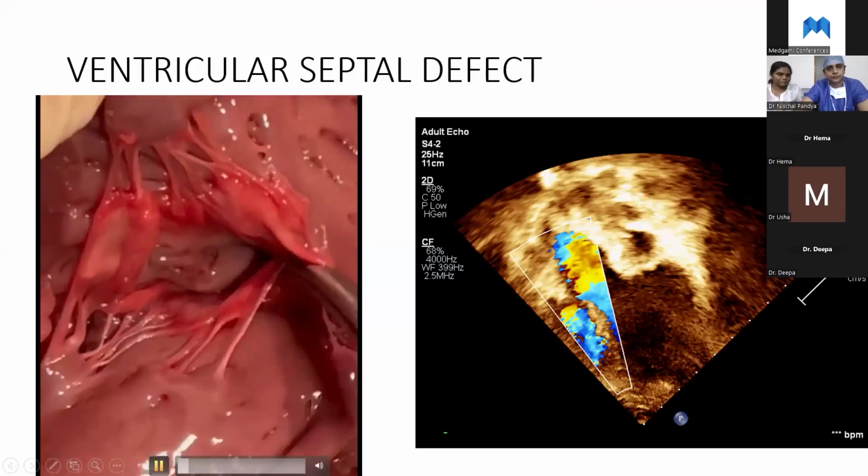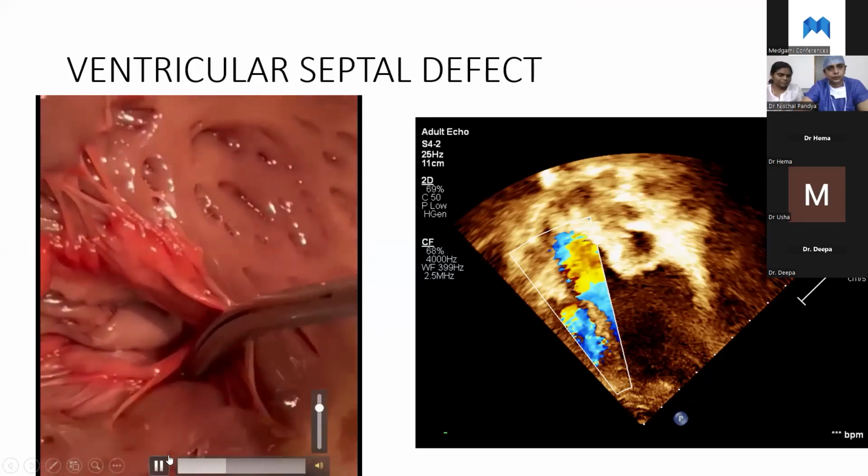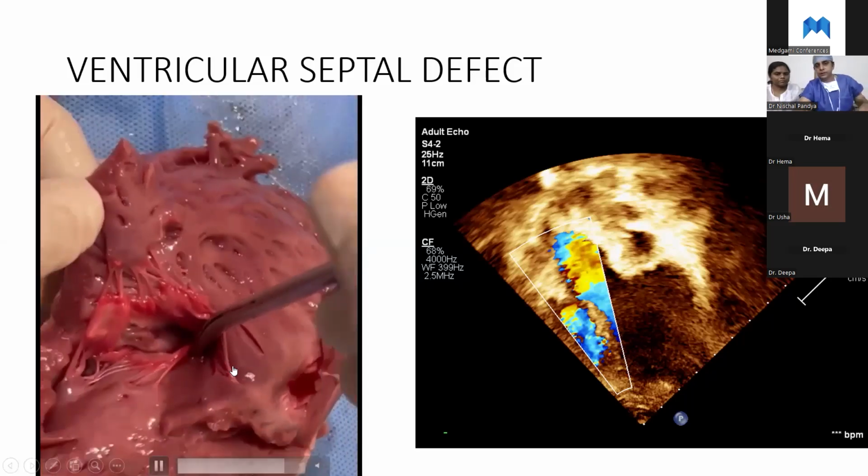This is the defect that comes right here. So that point exactly, if you see that little whitish structure there, that is your perimembranous portion.